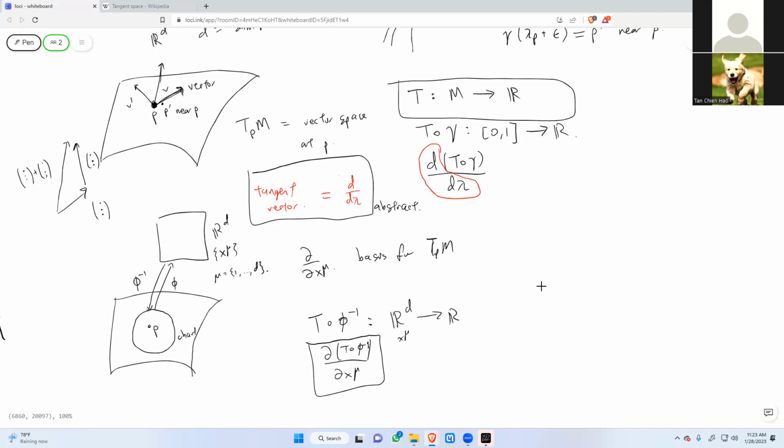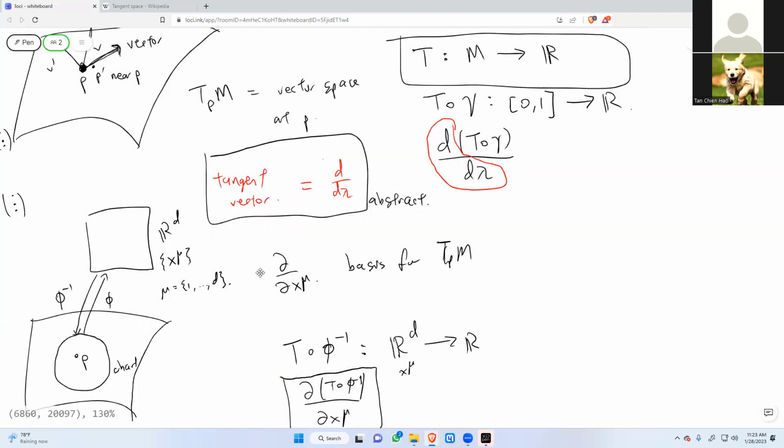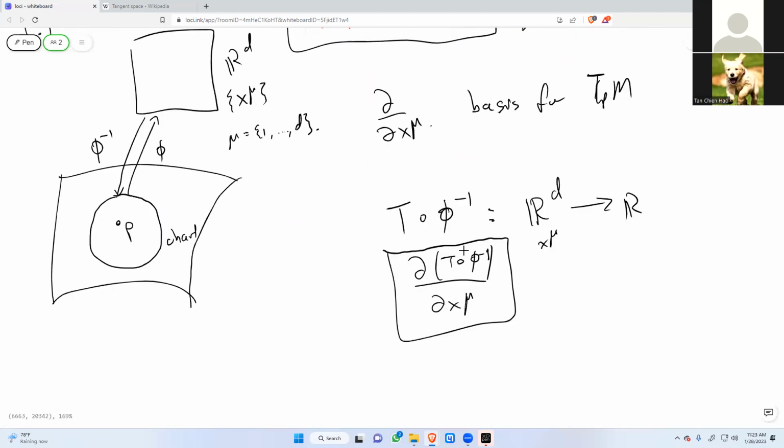How we can visualize this is that on this manifold there's a temperature function defined everywhere. If we start from a point P, we consider increasing the coordinate value for each one of them. If we increase the coordinate value for x1, it brings me along this coordinate.